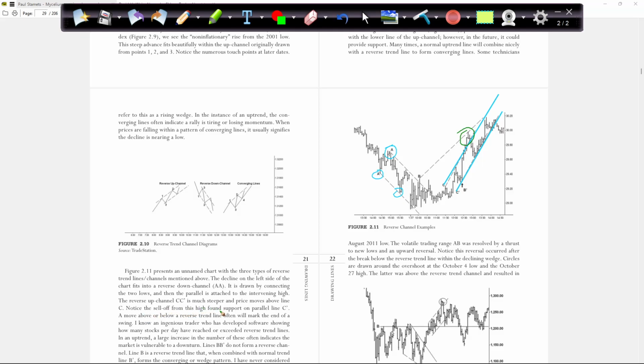The sell off from this high found support on this parallel line C dash.